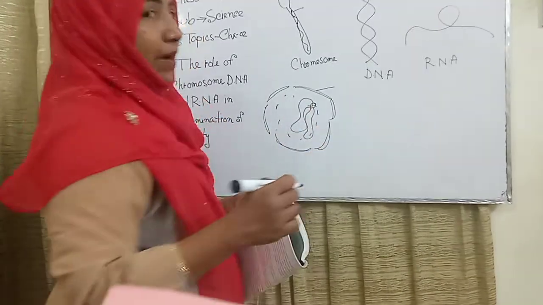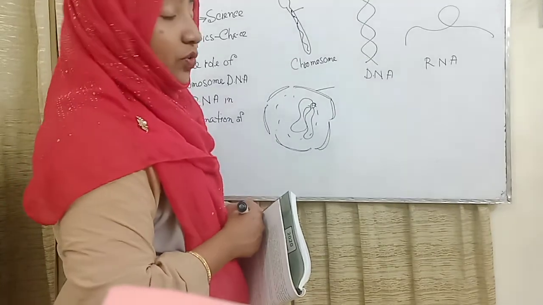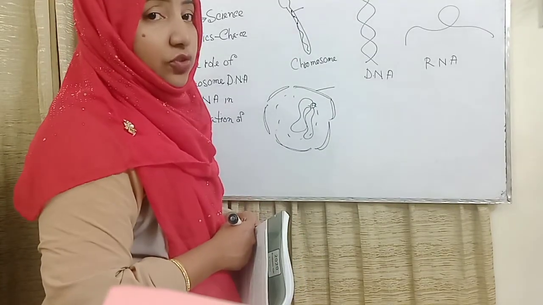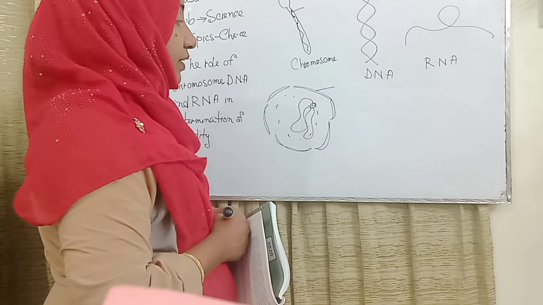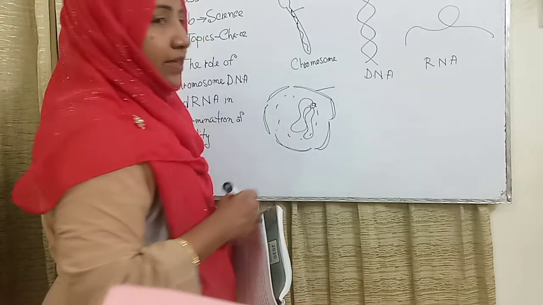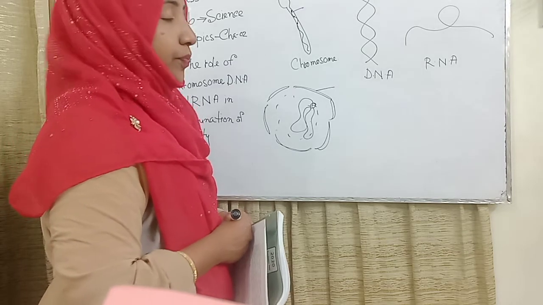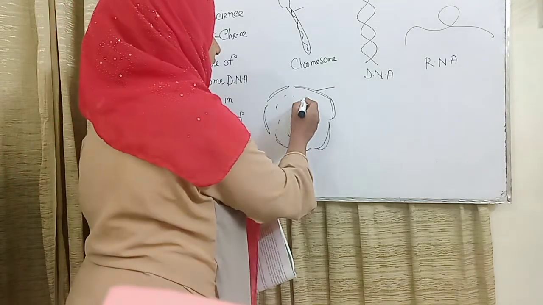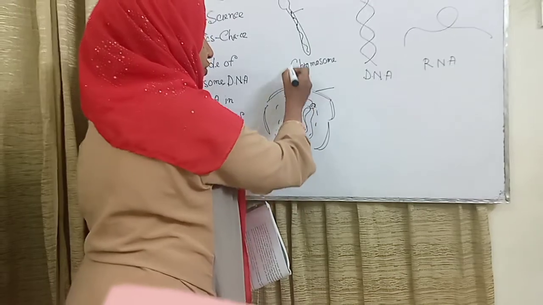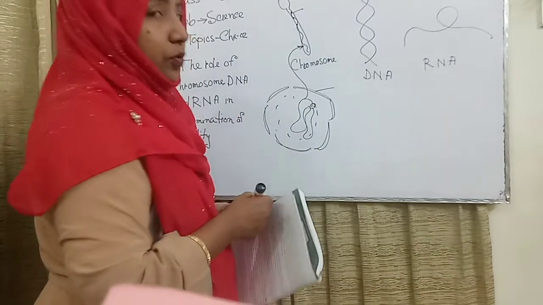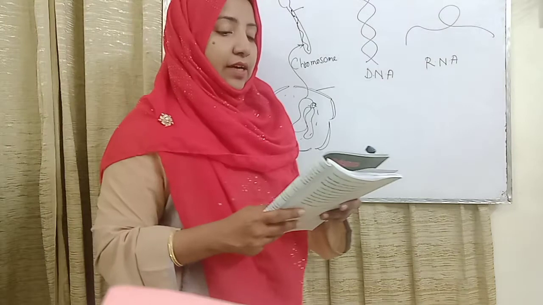In mitosis cell division we also know that the chromatin changes. First is the chromatin, second the chromatid, third the chromosome. This chromatin finally changes into the chromosome.